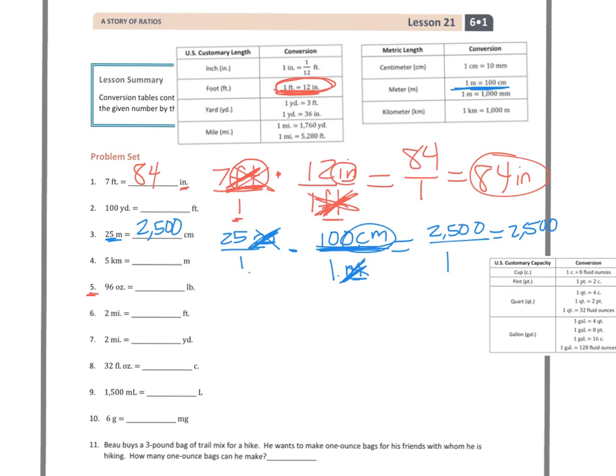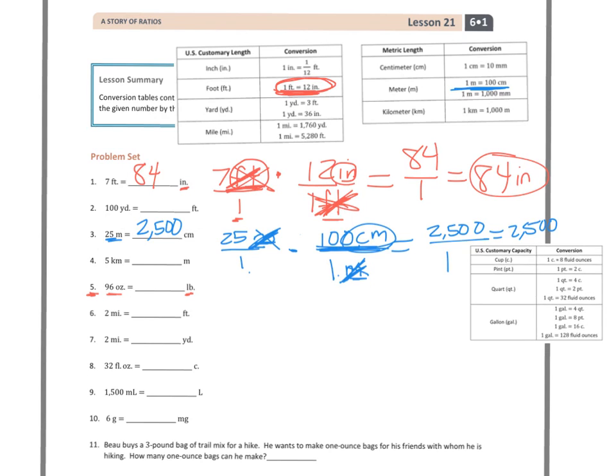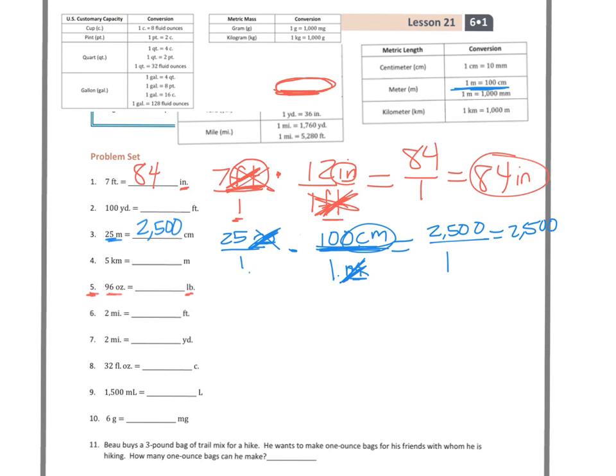Let's go to 5, and this is ounces to pounds. And I have my conversion for that one. I don't need the chart for it, and I don't have that chart on here. But I know that the conversion is 16 ounces equals 1 pound. So I'm going to set this up, 96 ounces, and I'm putting it over 1 because I'm going to multiply by a ratio.